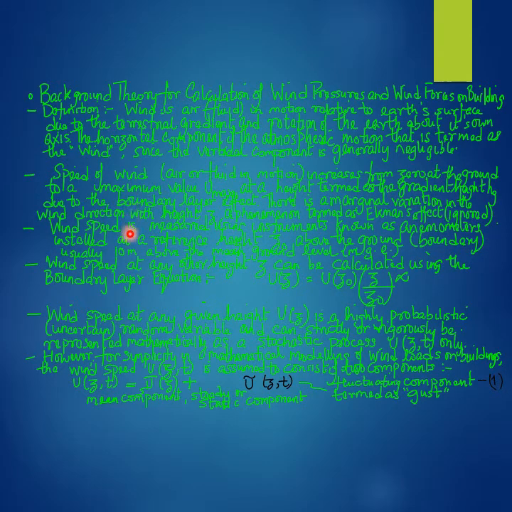In case of wind, the instruments that are used for measuring the wind speed in the atmospheric boundary layer at any reference height, denoted as Z0, are the anemometers, anemographs that are generally installed at the reference height Z0 above the ground, which is the boundary in case of the boundary layer flow of the wind.